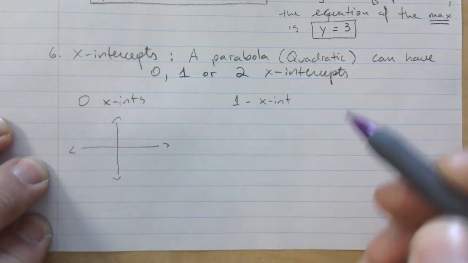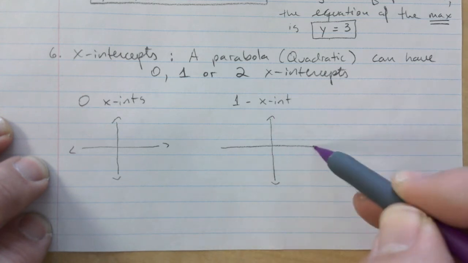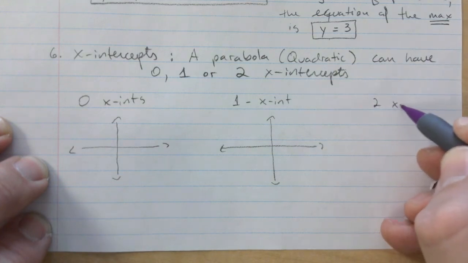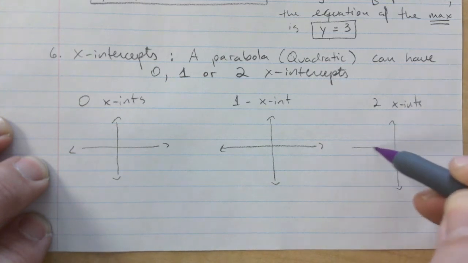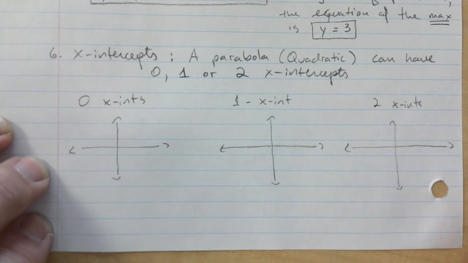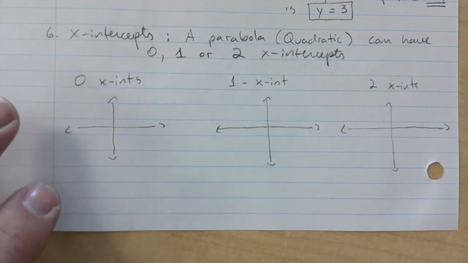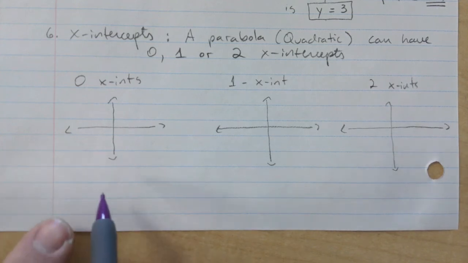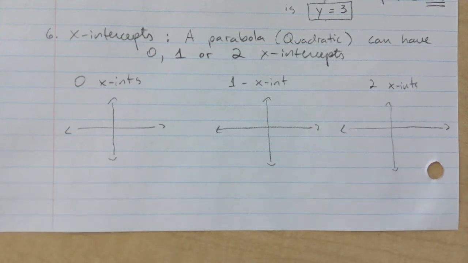1 x-intercept, just have a small grid there, doesn't have to be fancy. And then 2 x-intercepts. I'm going to write stuff under these graphs yet, so if you don't have room, just continue on the next page, right?